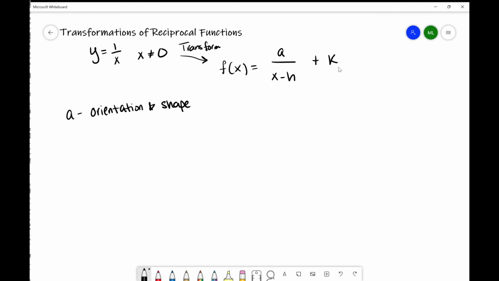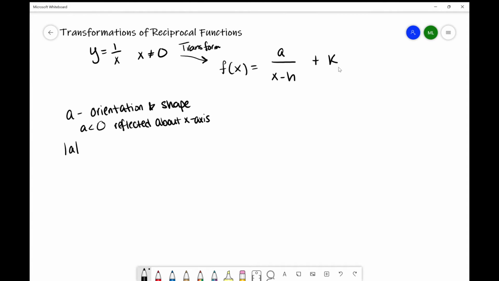If our a is less than 0, then this means that it's reflected about the x-axis. And of course if a is positive, then it's going to stay the way that it does for the y equals 1 over x function, like the parent function. But if it's less than 0, there's a reflection about the x-axis.